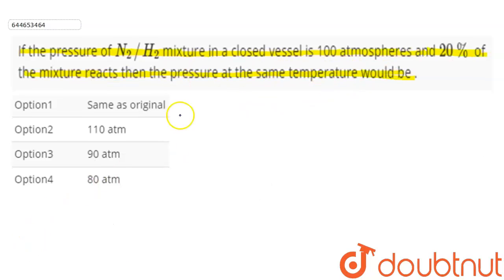So let's start. The reaction is N2 plus 3H2 on reaction will give 2NH3, right? Now we have to find out the number of moles.